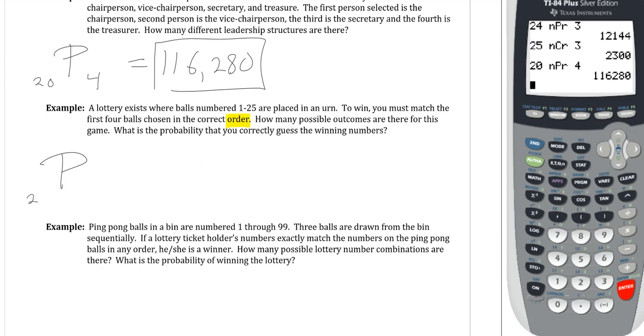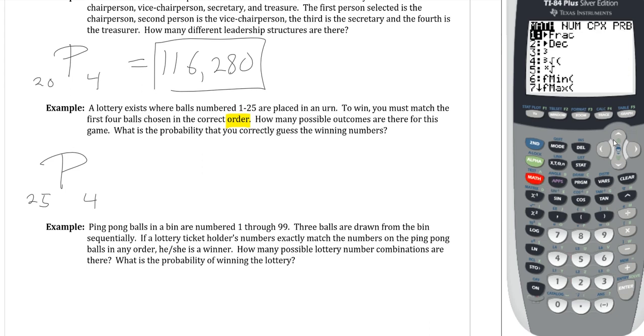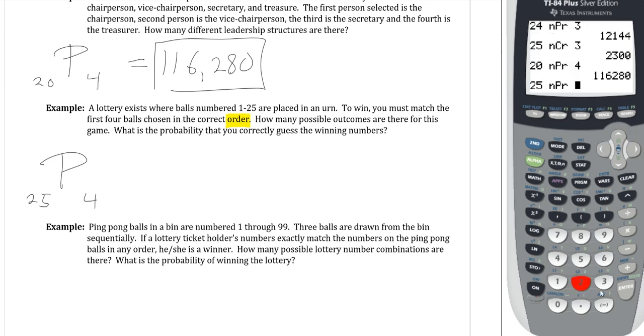We are selecting, of the 25 possible options of the balls numbered 1 through 25, 4 of them. So this is going to be 25, math, probability, NPR of 4. We get an answer of 303,600.